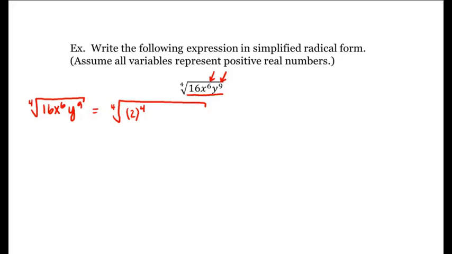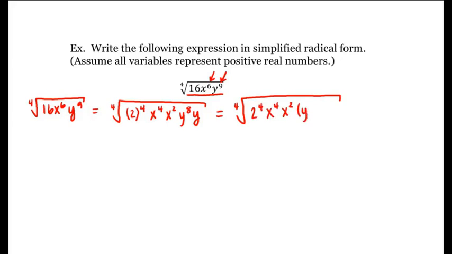So we're going to rewrite x to the 6th as x to the 4th times x squared, and we're going to rewrite y to the 9th as y to the 8th times y. And this is equal to the fourth root of 2 to the 4th, x to the 4th, x squared, and then we're going to rewrite y to the 8th as y squared to the 4th power, and then times y.